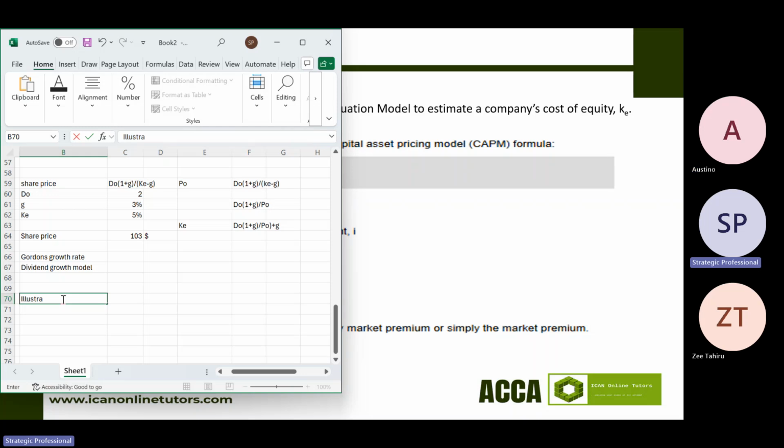And it's an illustration. We have share capital, 50 cents, $2 million. We have dividend per share just paid. They just paid it, right? 24 cents.